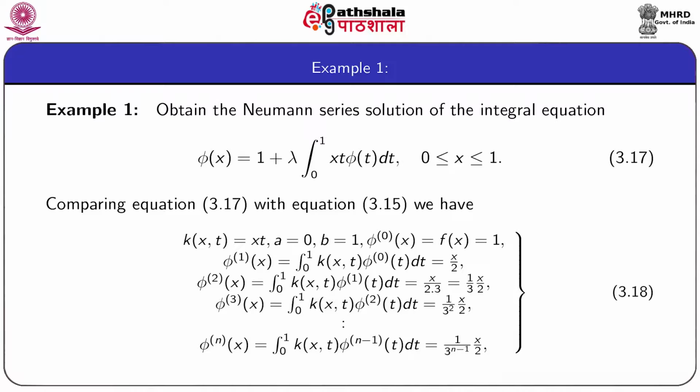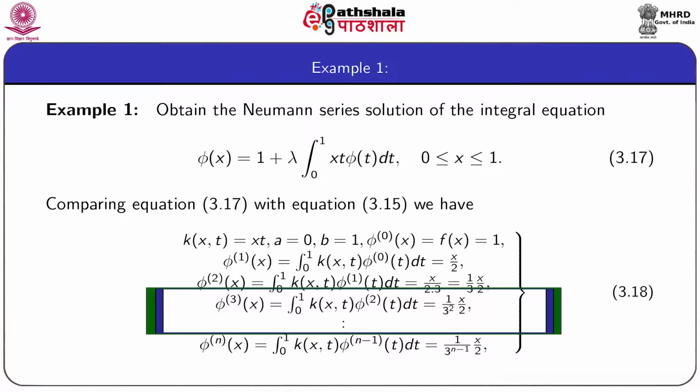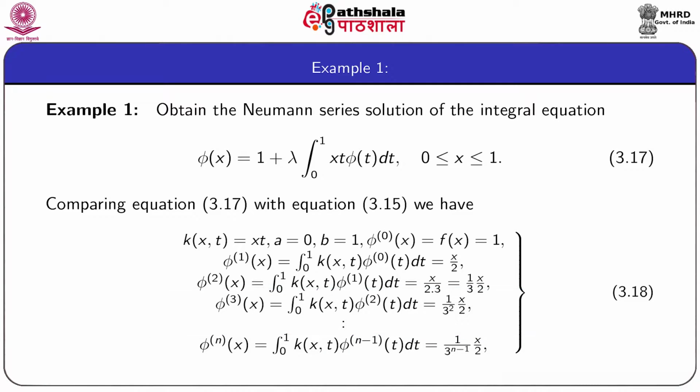Similarly, I calculate phi superscript 3 of x, given by the integral from 0 to 1 of k(x,t) phi superscript 2 of t dt. Substituting the value of phi superscript 2 of t and simplifying, we obtain phi superscript 3 of x as 1 by 3 square into x by 2.